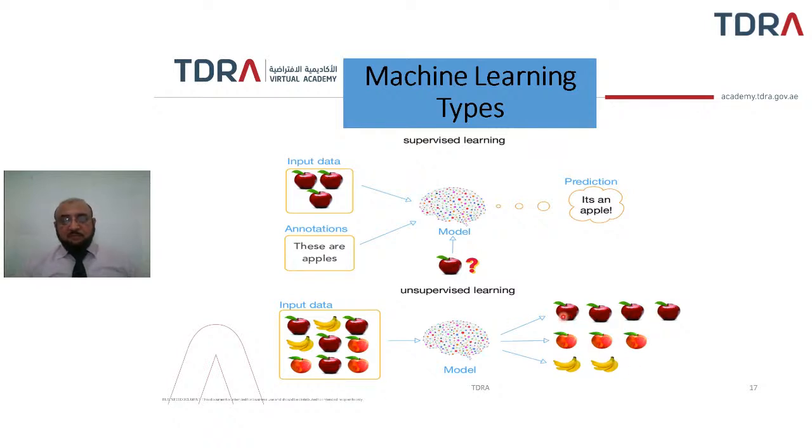Like here, for example, we have apples, peaches, and bananas, different types of fruits. The model will categorize, classify, or differentiate between the fruits and give us the result.